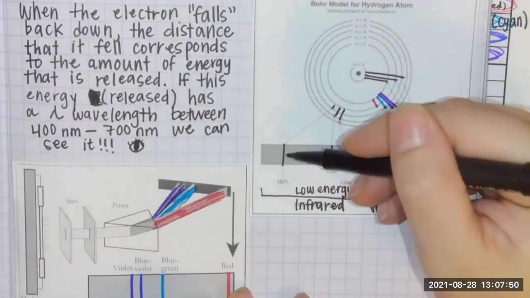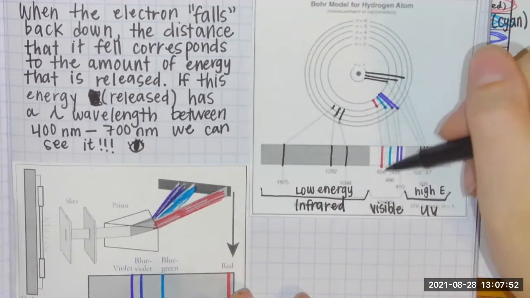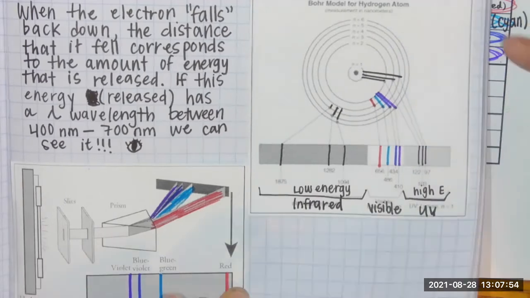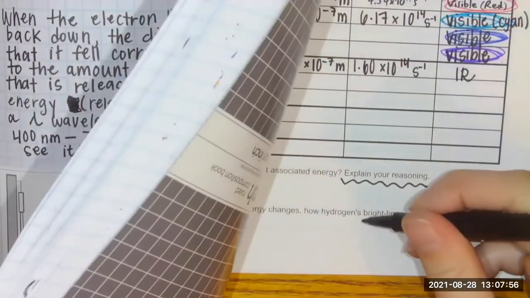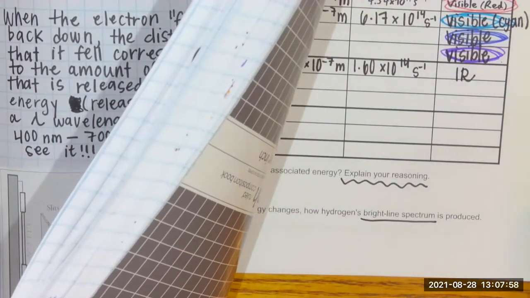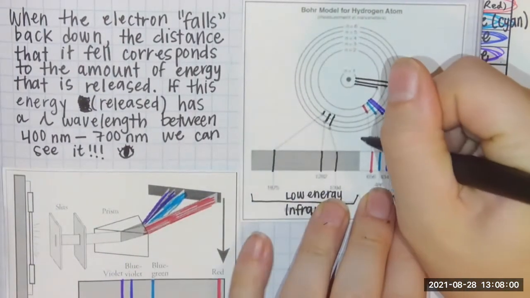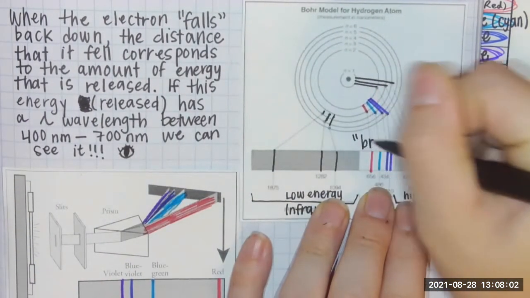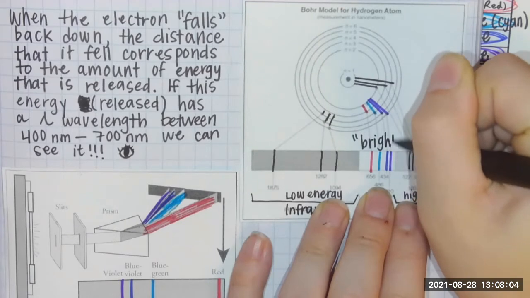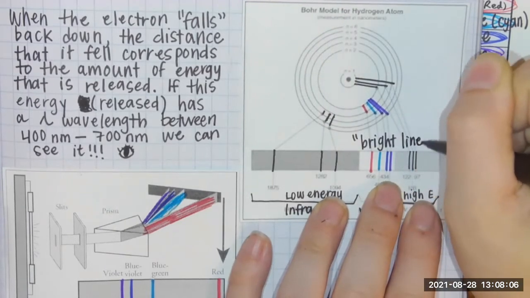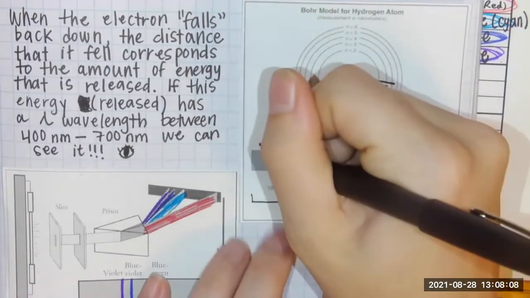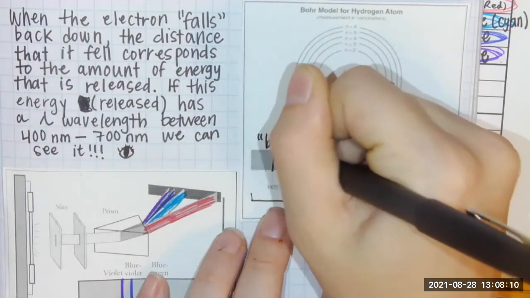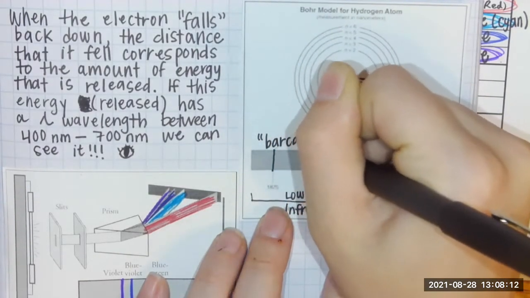The barcode, stripe. The barcode is what they're calling bright line spectrum. So maybe in the notes you can label it, this is the bright line spectrum, but I like to think of it as a barcode.